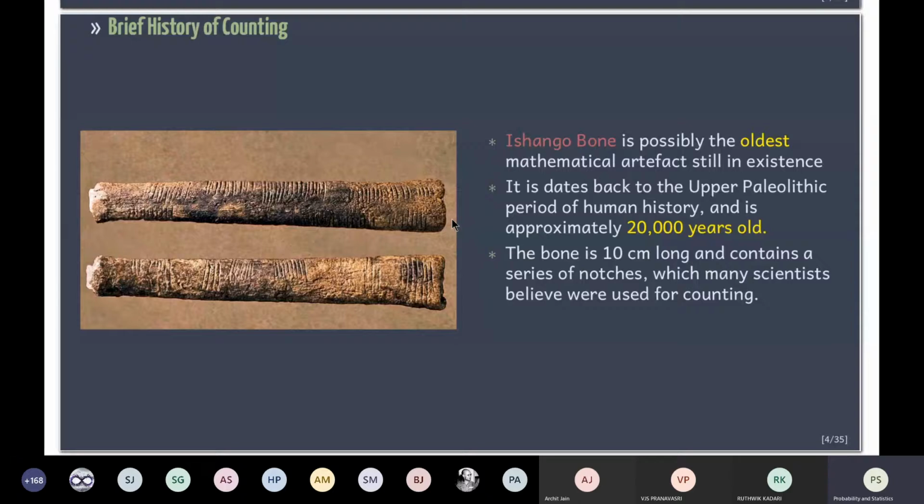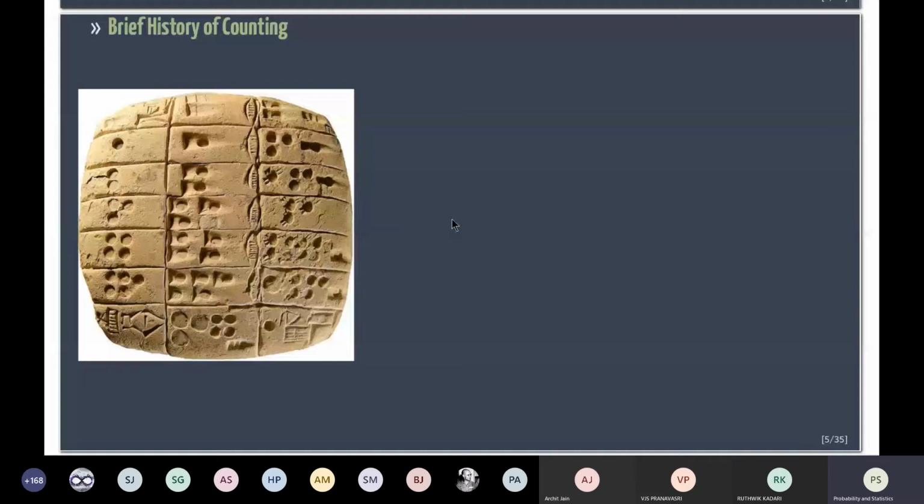Well, this is a tablet, maybe made of stone, and this is supposed to be a multiplication table. The first two columns are supposed to be the two numbers that you're going to multiply, and then you're going to get the multiplied result. That's what scientists believe.